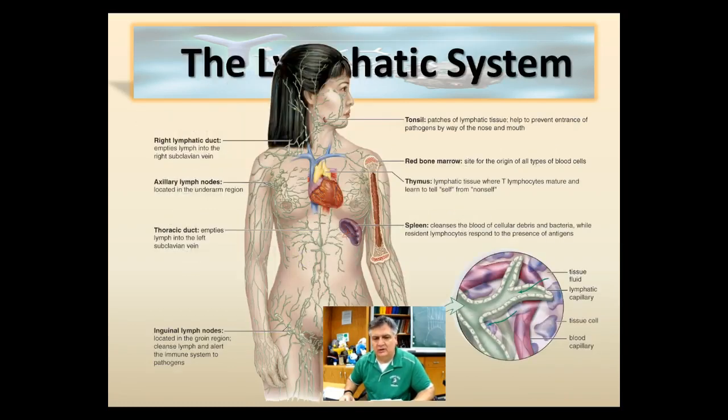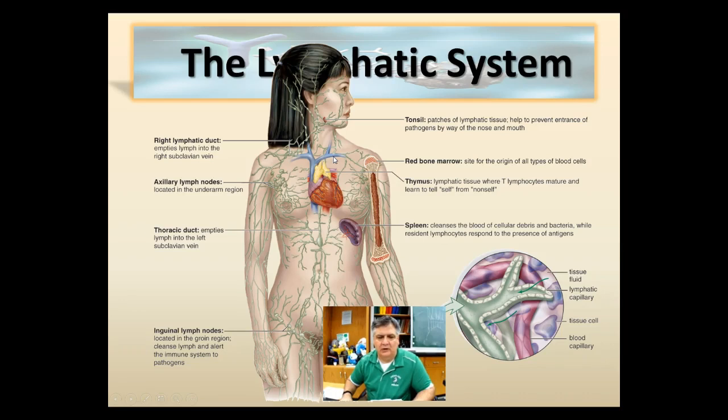Now let's go back to our diagram to take a look at this. So here is the thoracic duct, and we can see the thoracic duct coming up right here, dorsal to the heart, so it's coming up behind the heart. It comes up, it loops around, and eventually passes the lymph back into this vein right here, which is the left subclavian vein. We get that because that's the left side of the body.